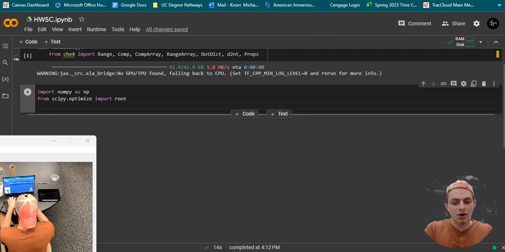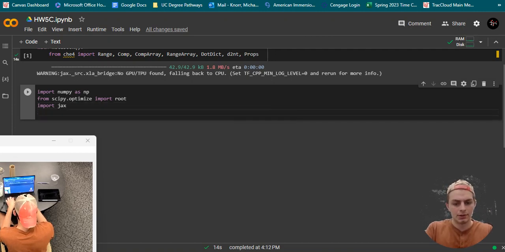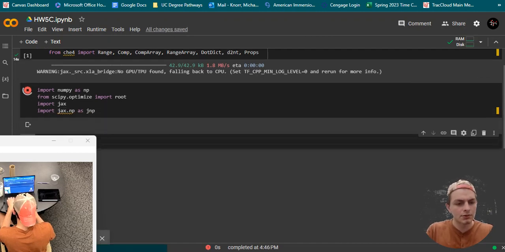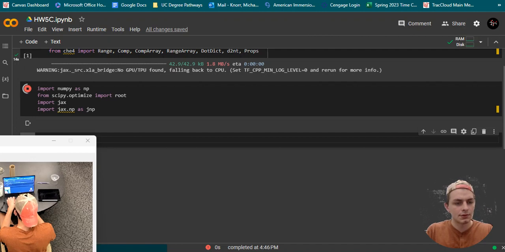And this is going to be our JAX library here. Let's hope I said that right, and maybe jax.numpy. Try that.